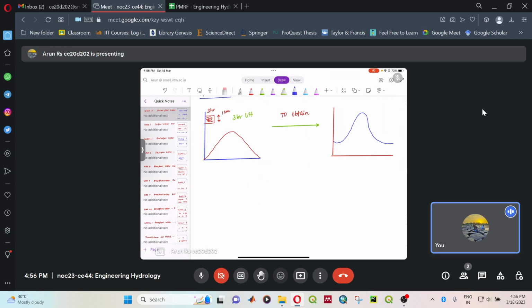So this is nothing but a flood hydrograph.